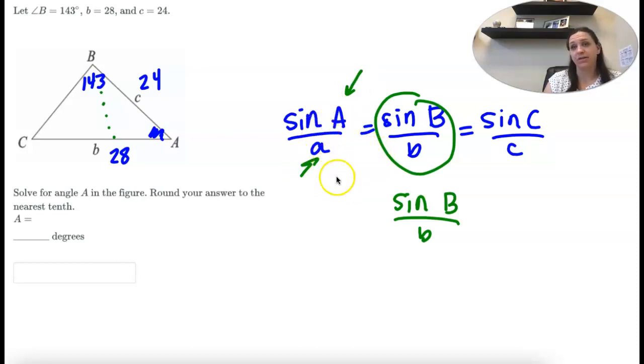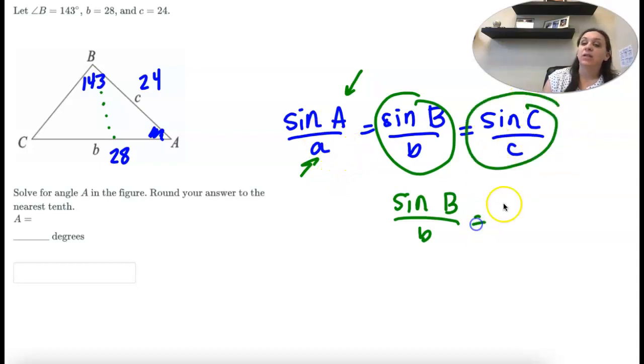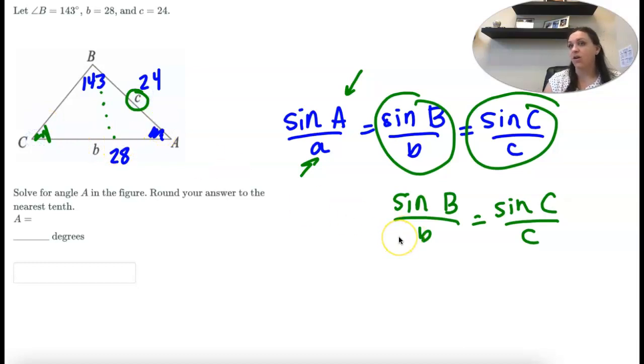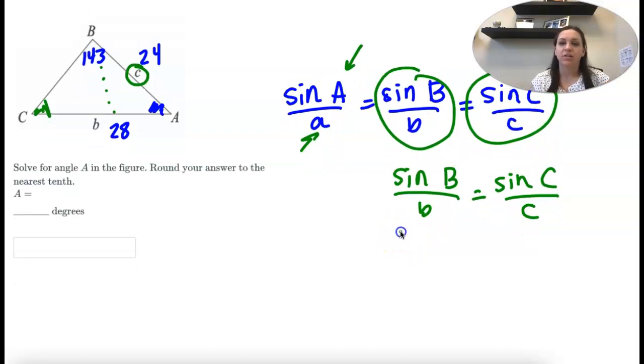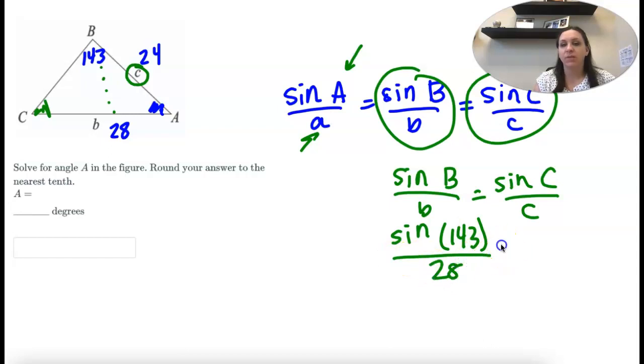It's not a right triangle. So I have to use this one because we know side C, and if we can get angle C, we can get angle A, because all the angles add to 180. So this one's going to take a little bit, and that's okay. So sine of B, 143, divided by 28. Equals sine of angle C divided by side C, which is 24.